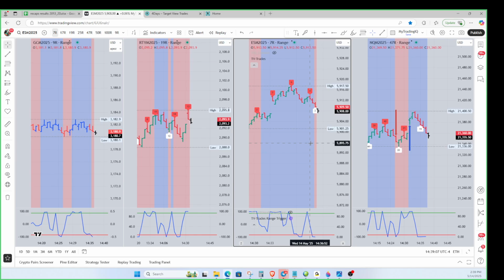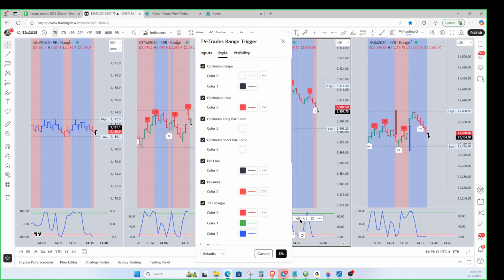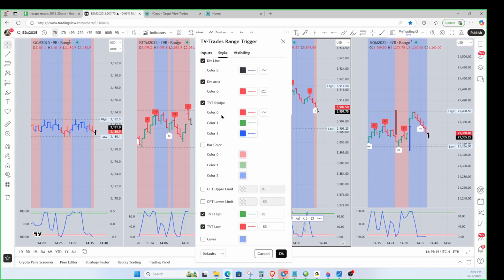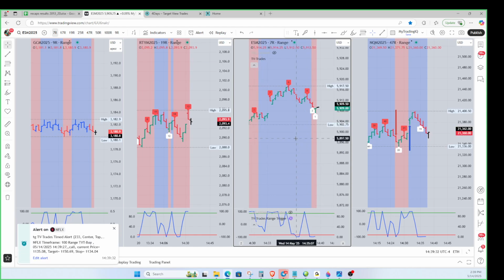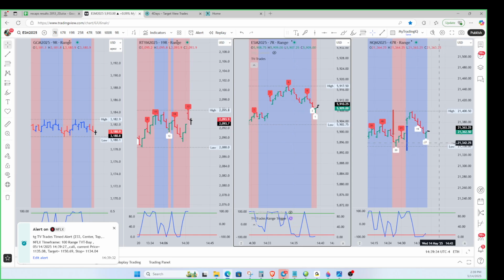If you go to your properties, it is this one, our snipe. That's the line that really gives you all the triggers. It gives you other information too. If you have the password put in and the optimized trigger on, it'll give you more information, like leading into a trade. It'll tell you that the next bar is likely to be the trade.